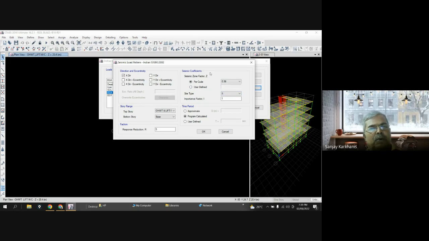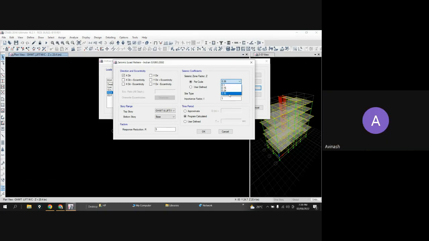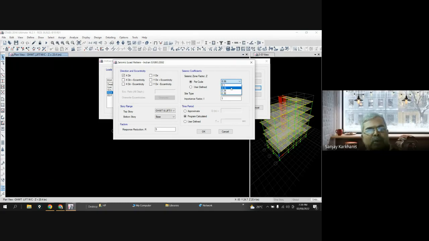Or if you want to use code, you can use this. But in code, this is for second zone, third, fourth, and fifth. Out of that, whatever is your choice, you can go for. So let us click on 0.36.